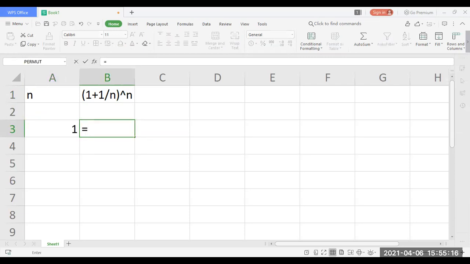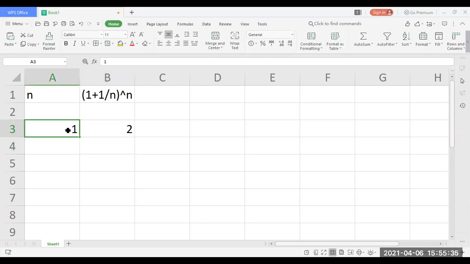That equals parentheses 1 plus 1 over whatever number we have there to the power of whatever number we have there. Supposed to be 2. Now let's make it when n equals 2, what is that? What happens when n equals 3? And so on and so forth.